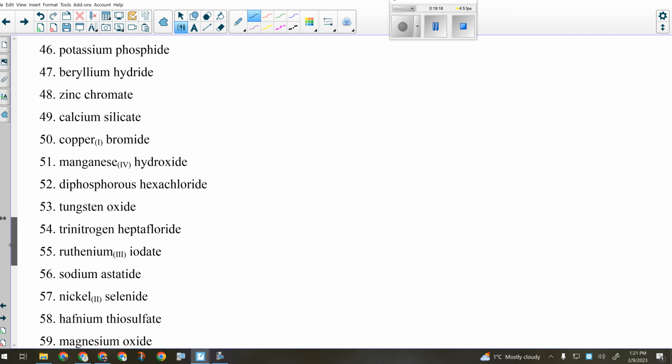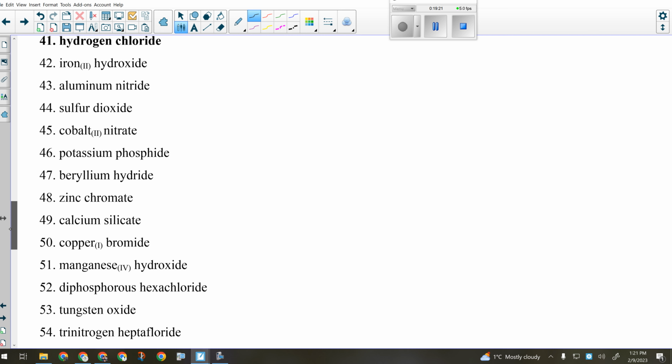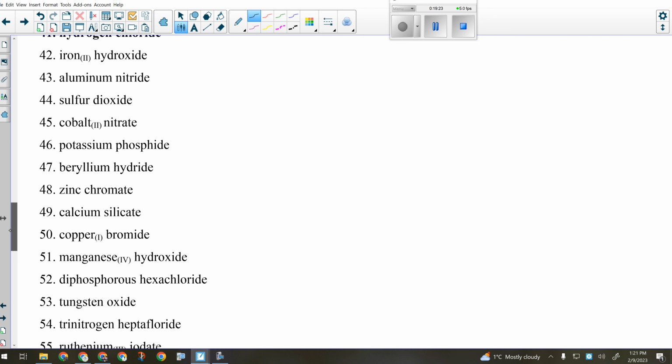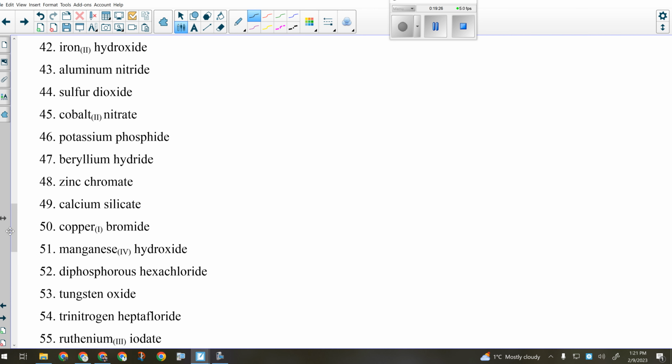Okay, I would like you guys to write the formulas for the ones that I circle here. Those ones, have a look at these ones.